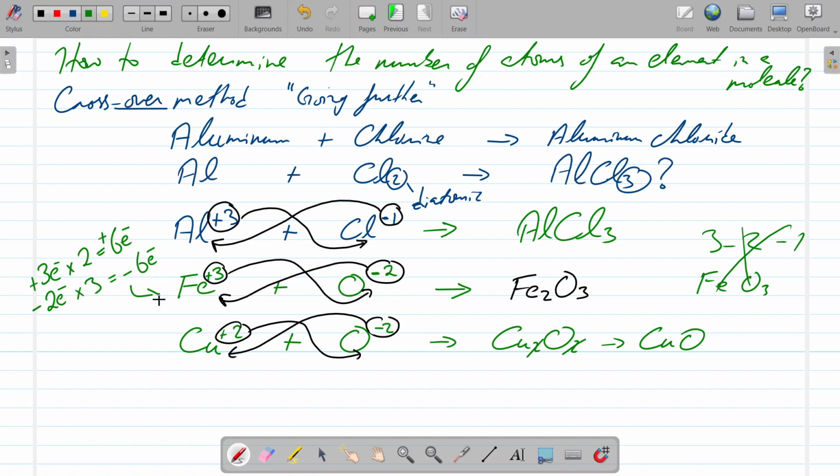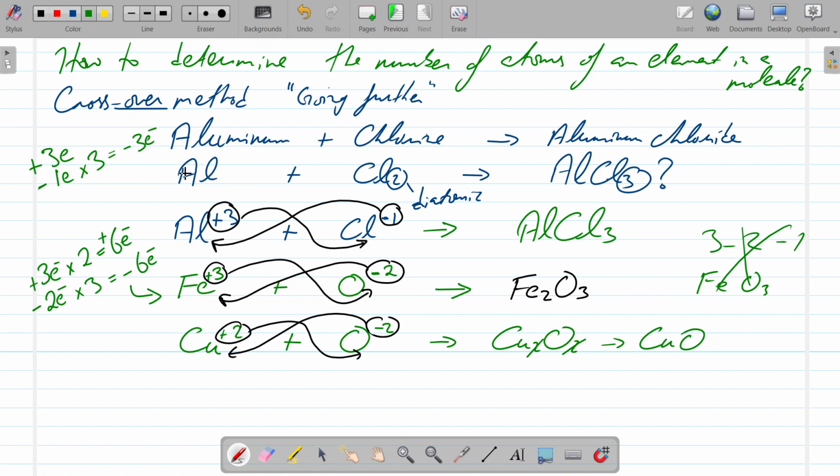Does that make sense? Similarly for aluminum, you've got aluminum giving up 3 electrons, and that's it. You've got chloride that can only accept 1 electron, but you've got 3 of those, and so in total it's accepting 3 electrons.